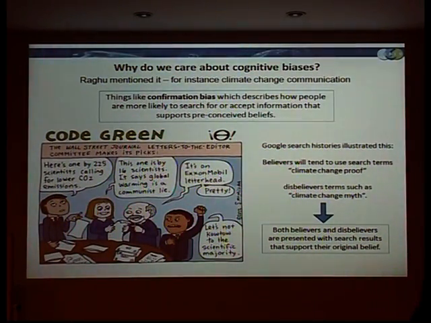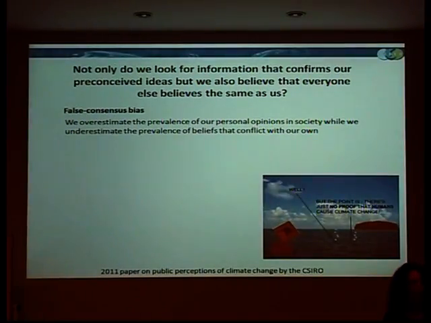So they're actually confirming their own preconceived ideas, and I didn't actually get the reference here, but this is a well-known phenomenon. Not only do you look for information that confirms your own ideas, but you also believe that everyone else believes the same as you, which is called false consensus bias, which basically means we overestimate the prevalence of our own opinion in society while we underestimate the things that conflict with what we think.